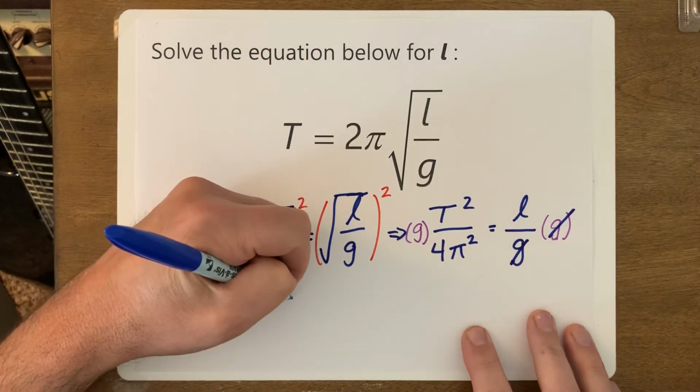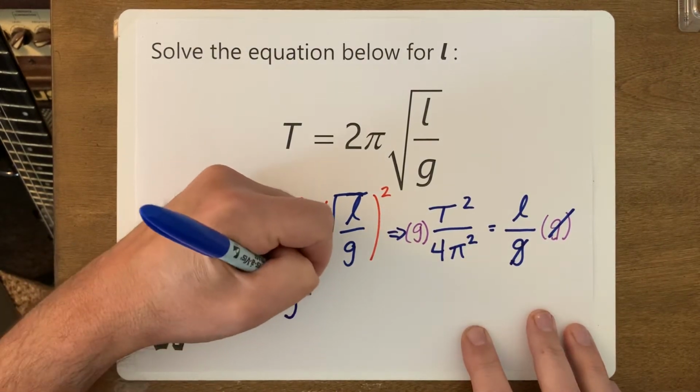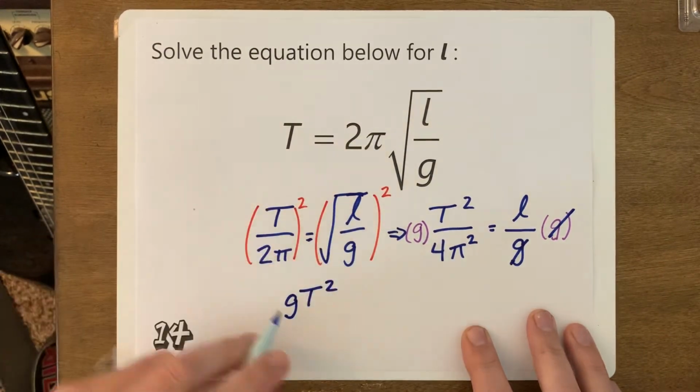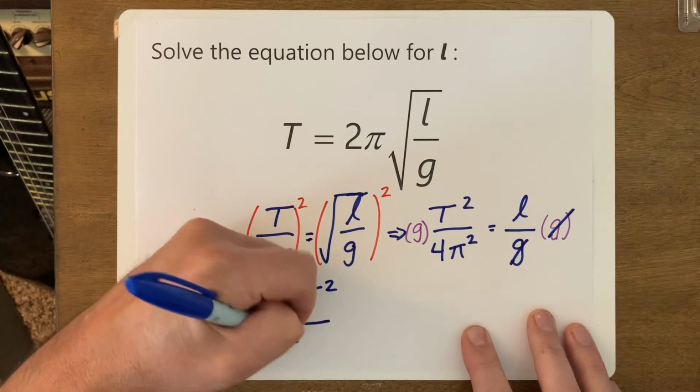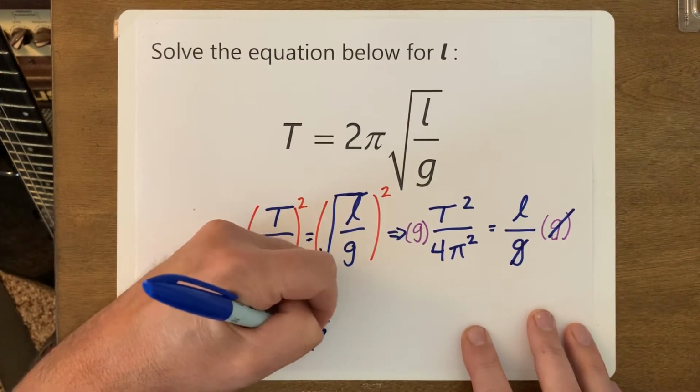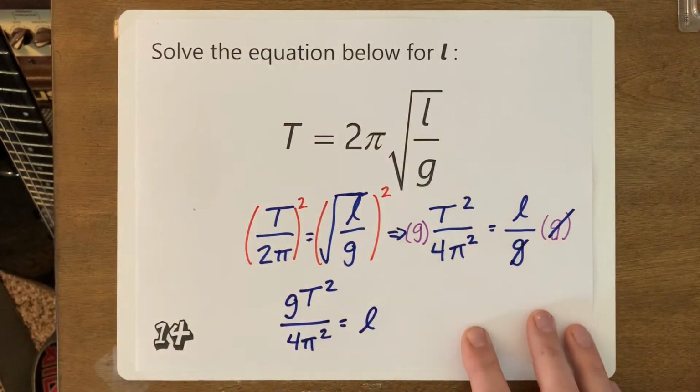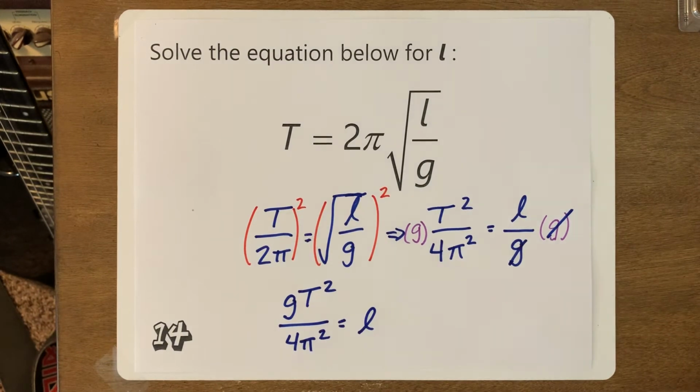So what I'm really going to have is G T squared, and you can put T squared G if you want, it's commutative, over 4 pi squared equals L. And I didn't know how handy that was until I started teaching physics and taking physics. Being able to manipulate these equations to put them into a calculator to get a decimal answer is very, very helpful.